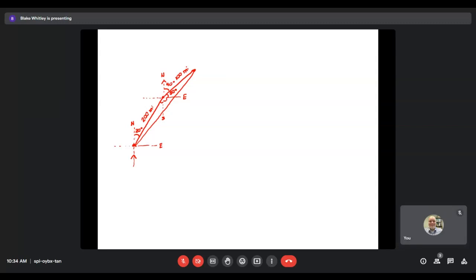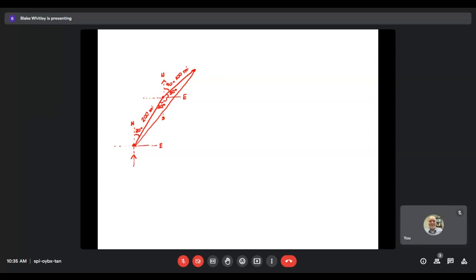Because of that, the angles on either side of that 200 miles have to be the same size. We have a 20-degree angle down here at the bottom, which means this angle up here is also 20 degrees. If you've ever heard the term alternate interior angles, that's what we have this time: two parallel lines, alternate interior angles, which is why they're both 20 degrees.